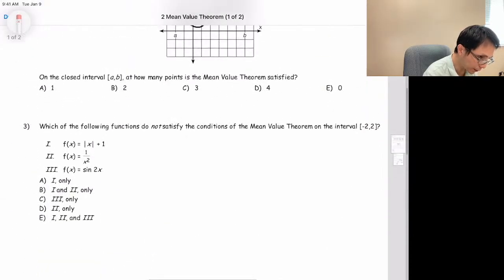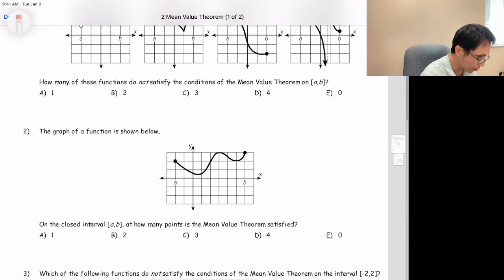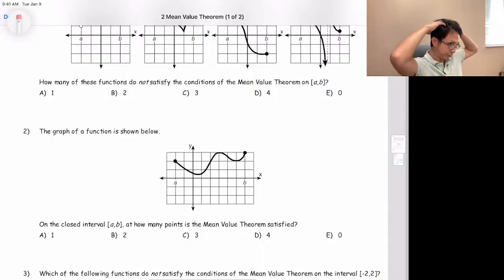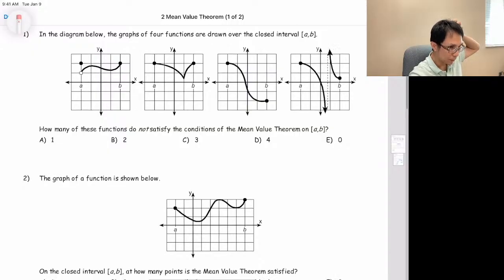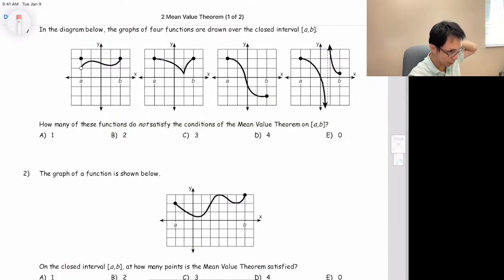So I hear that you see here. Let's look at question 2, right? If you got an answer, don't say it. I want you to look at it. This says on the closed interval a and b, how many points does the mean value theorem satisfy? There's no calculation.